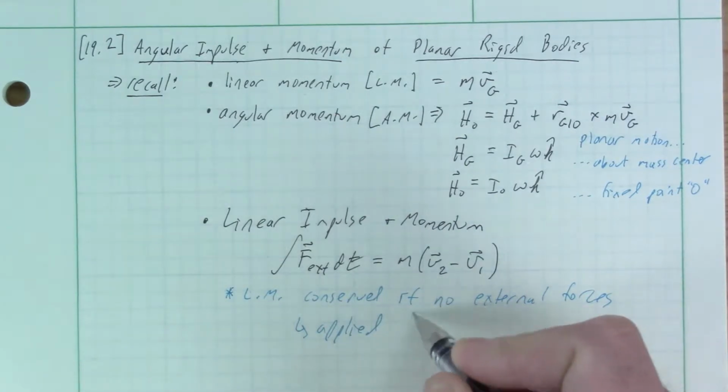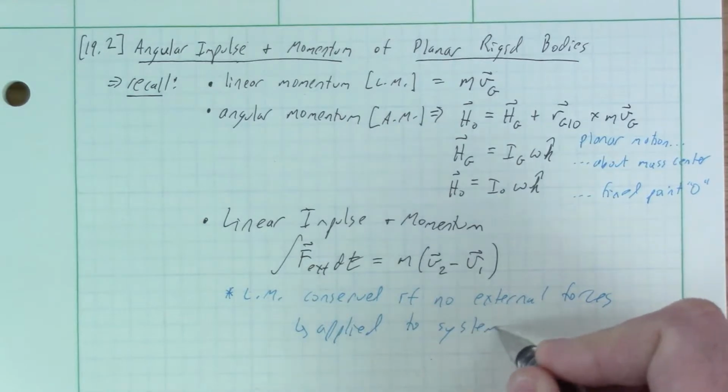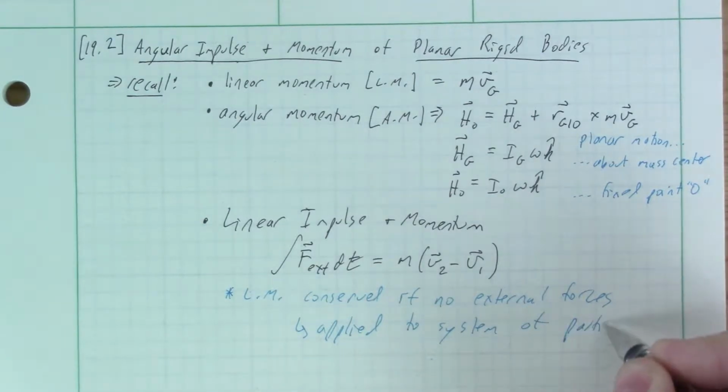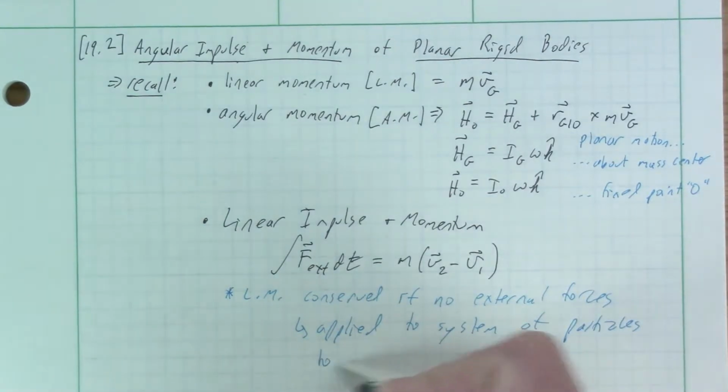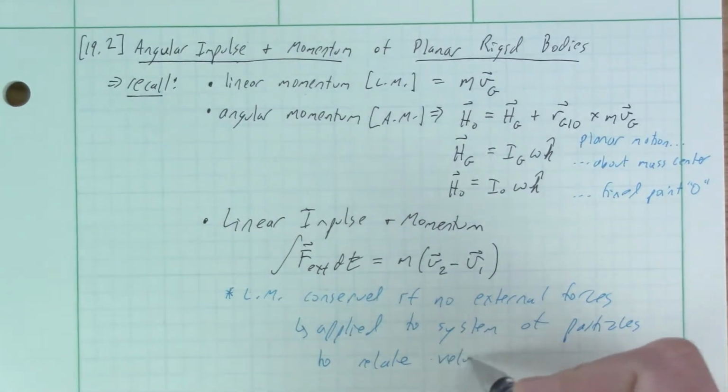Oftentimes this is applied to a system of particles, which then allows us to relate the velocities before and after a collision.